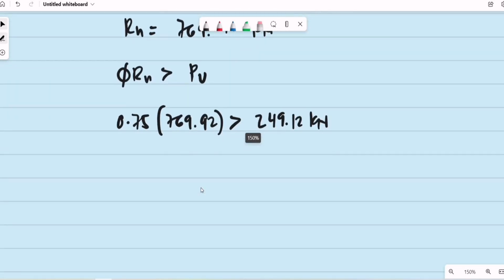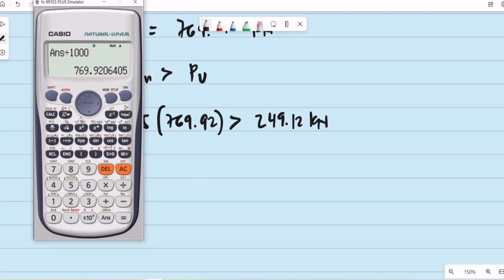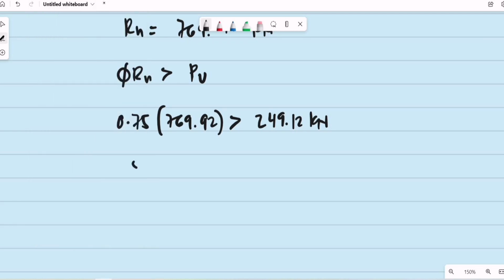So what is 0.75 of this value? Multiplied by 0.75, it's 577.44 kilonewtons, which is obviously greater than 249.12 kilonewtons.